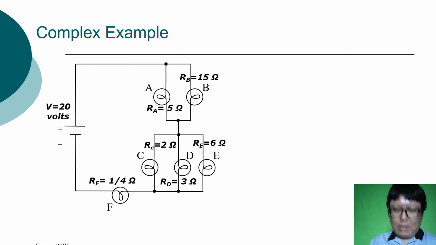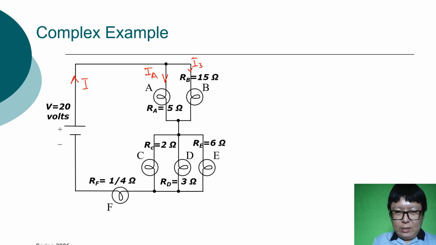Okay, so how to do these questions? The first thing that you have to do is simplify these circuits. How to simplify it, you see how the currents flow. The currents flow from positive to negative, so this should be I. In this junction, the current starts to divide, becoming IA and IB, right?